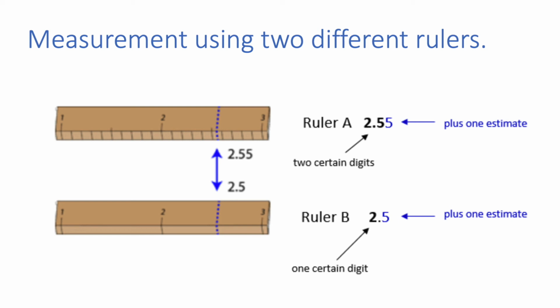So the total number of significant figures is the number of digits which are certain, so 2, and the last digit which is not certain. So the total number of significant figures is 3. Now coming to ruler B, 2 is certain and that 0.5, that 5 is not certain. So the number of significant figures is 2.